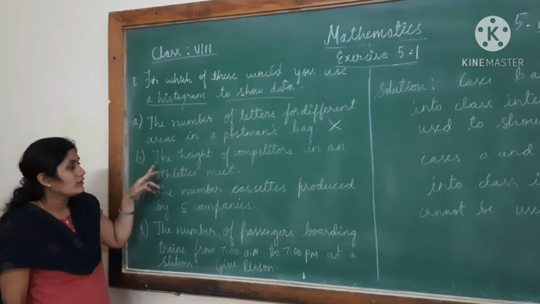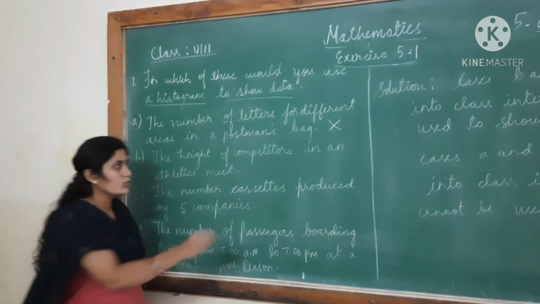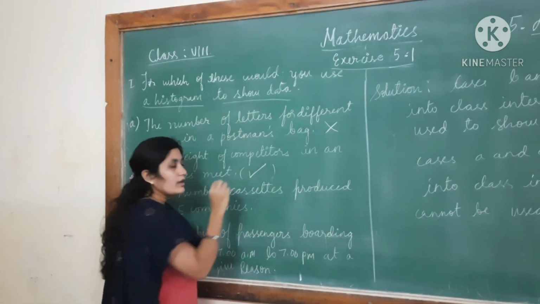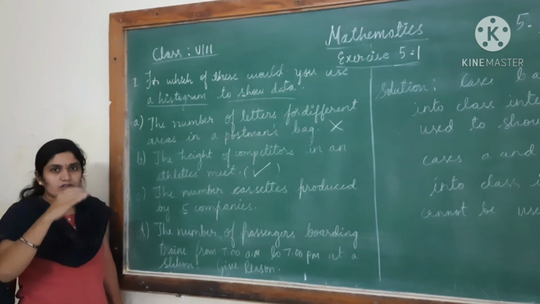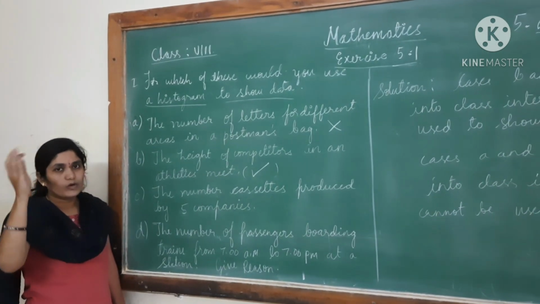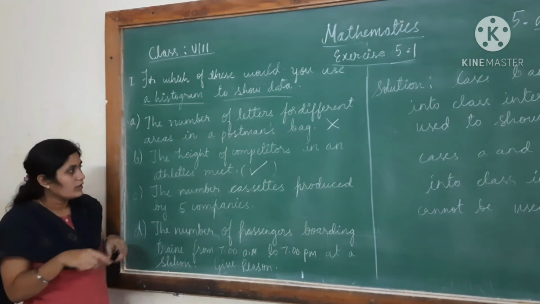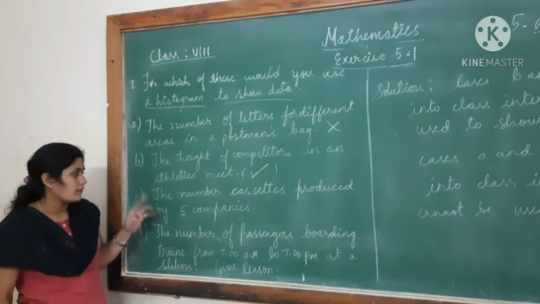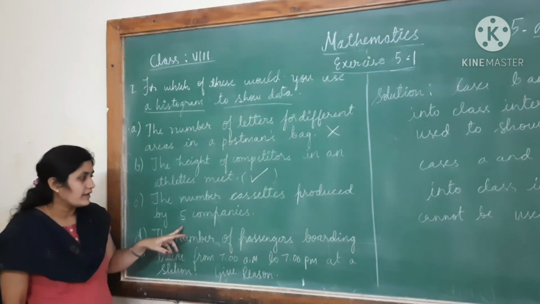Now, second one, the height of the competitors in an athletics meet. Yes, you can represent this using a histogram because the height of the competitors you can measure from minimum to maximum or maximum to minimum, and you can write a data table and form a histogram. C, the number of cassettes produced by 5 companies.